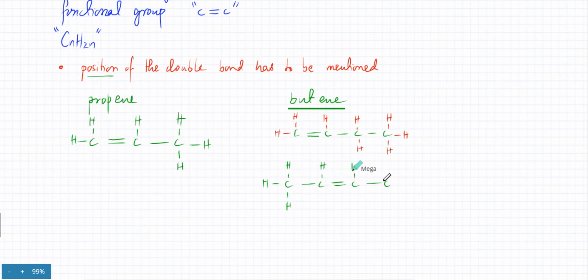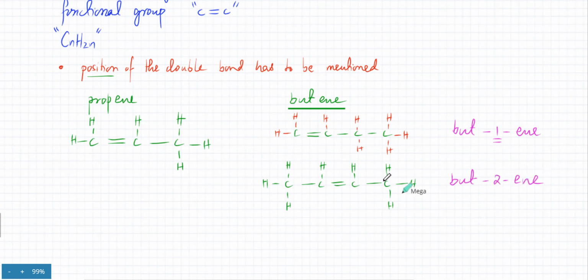They're different structures. They don't look the same. No matter how many times you rotate it, they're inherently different. So how would you differentiate the two? Remember that before ene, you're going to create a gap and you're going to write the position. The second one is but-2-ene.